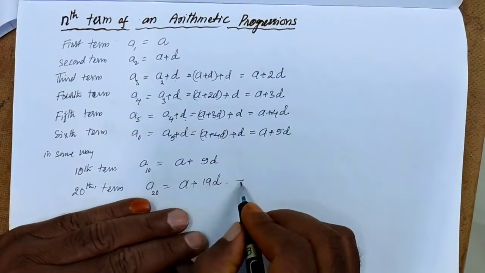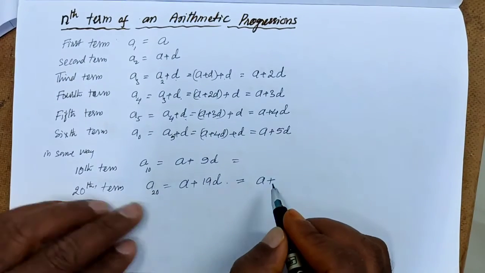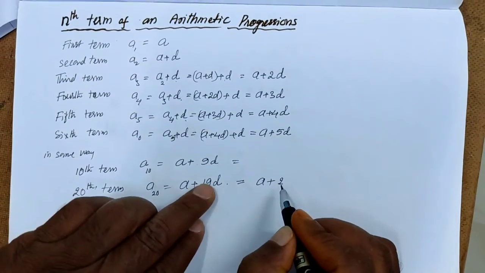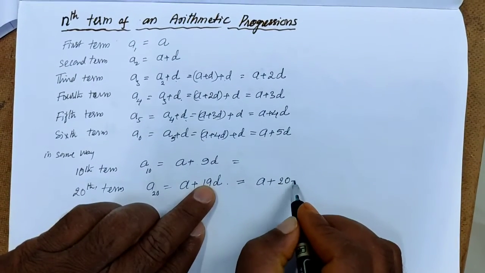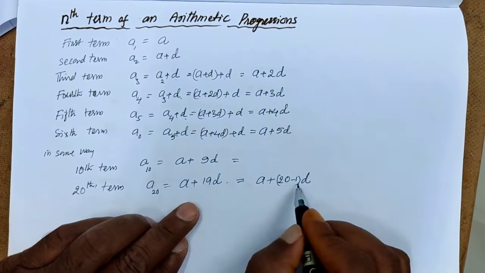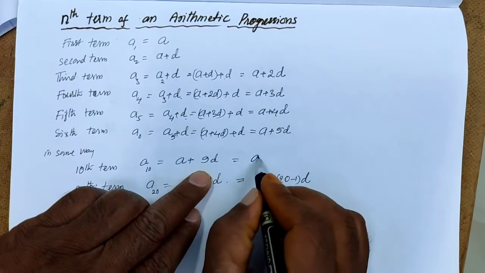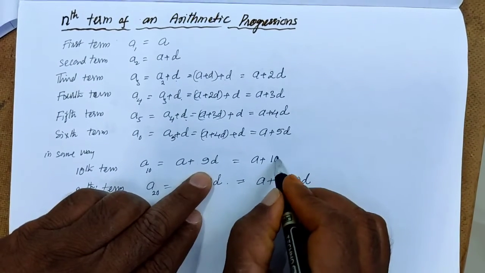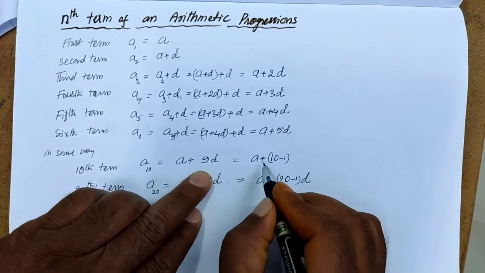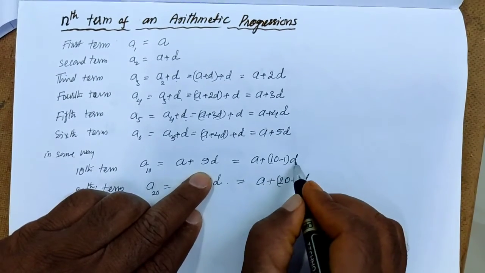So all these terms can be written as follows. This 19 can be written as 20 minus 1, into d, and the 10th term a plus 9d, this 9 can be written as 10 minus 1, so a plus 10 minus 1 into d.